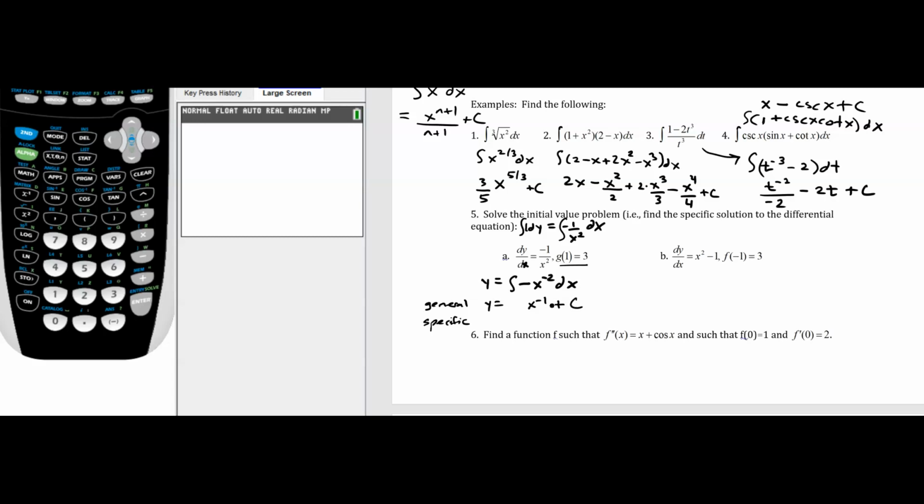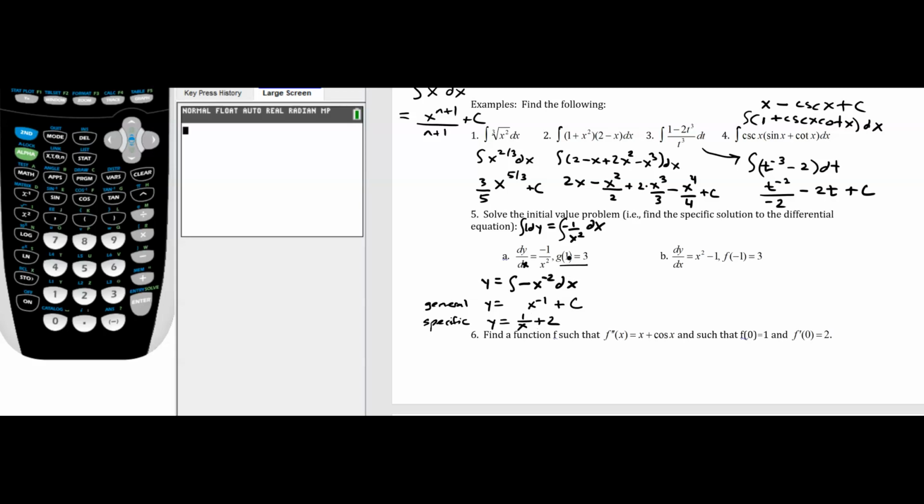So that means the c value has to be equal to 2. So you plug this in. I'm not writing it out right here, but you plug 1 in for x, you plug 3 in for y, solve for c, and as a result we would get y is equal to, we could write it simplified as 1 over x plus 2.